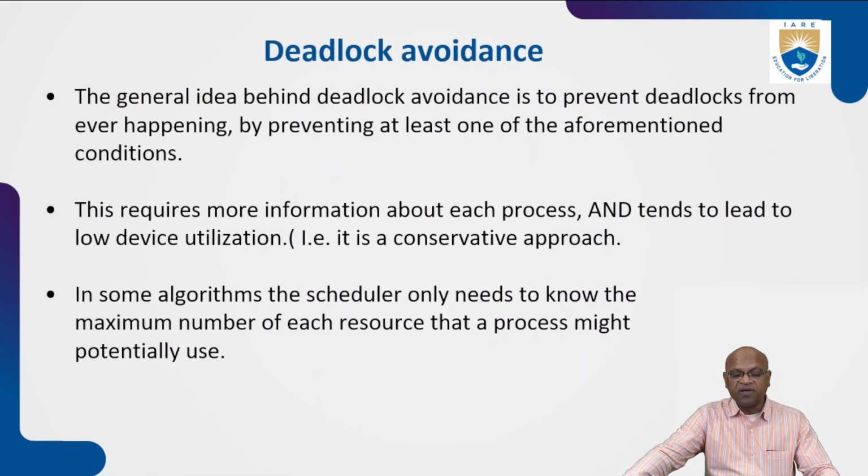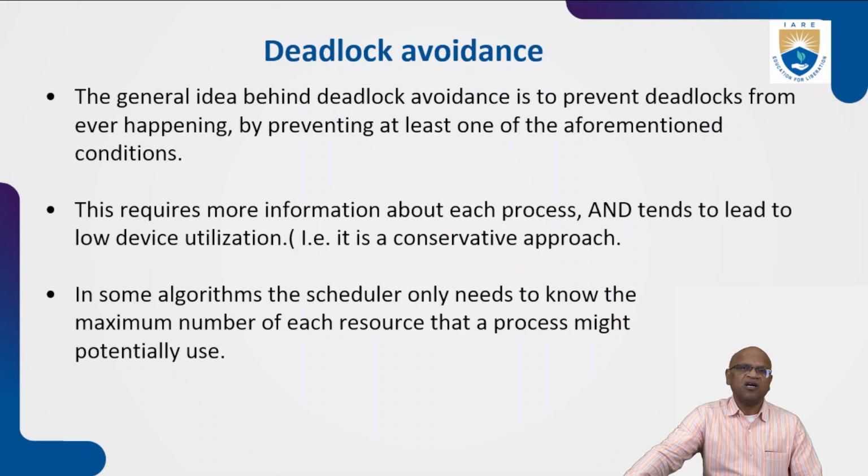So the general idea behind deadlock prevention is to prevent deadlock from ever happening by preventing at least one of the four mentioned conditions. This requires more information about each process and tends to lead to low device utilization.